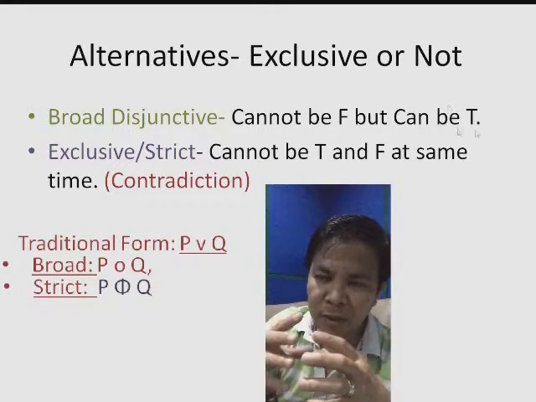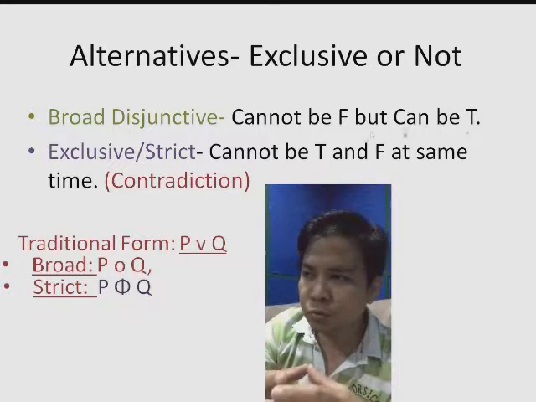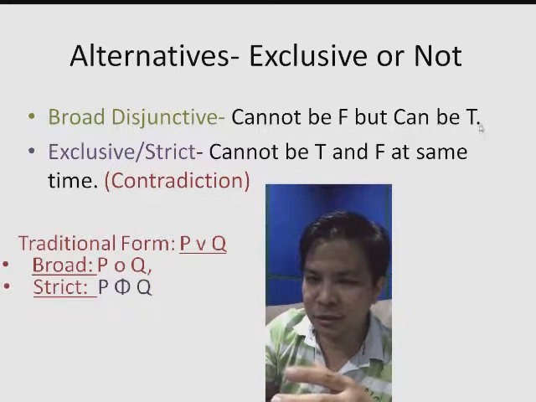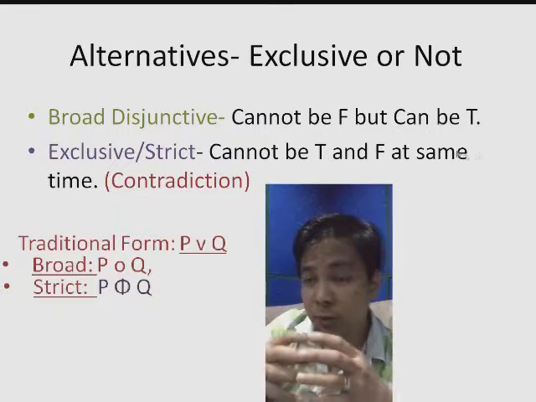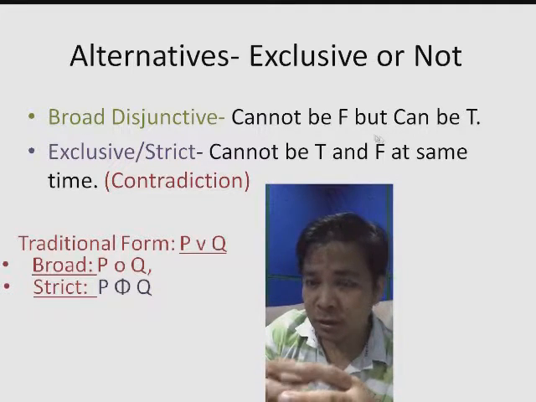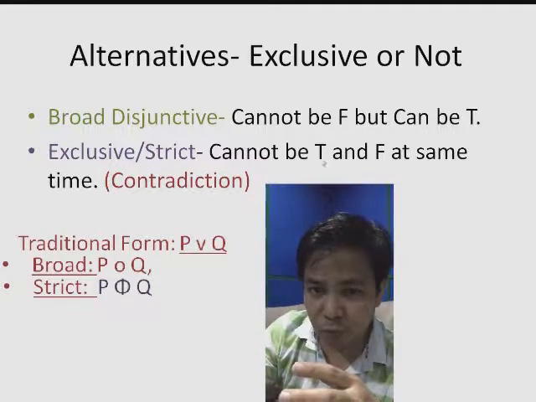Meaning to say, if one disjunct is true, the other disjunct is necessarily false. But if one disjunct is false, the other disjunct is either true or false.